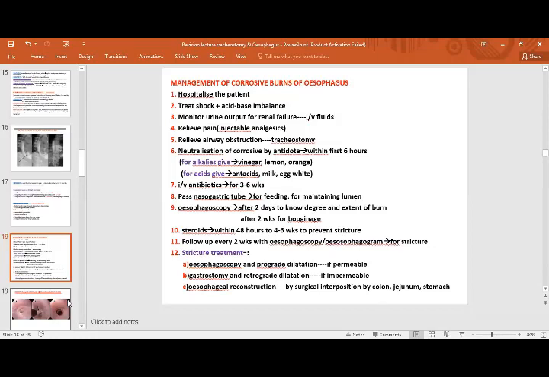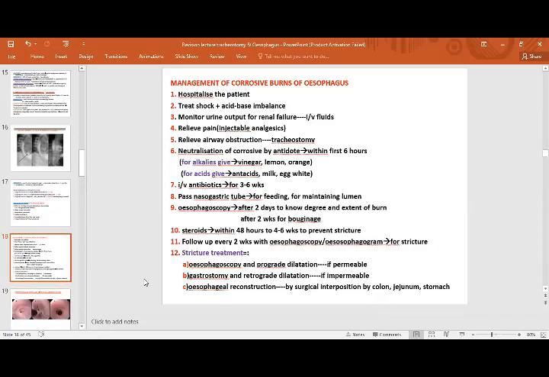Relieve pain with injectable analgesics, and relieve airway obstruction; tracheostomy should be done. If the patient comes within 6 hours, we can neutralize the corrosive with antidotes. A lot of antibiotics should be used for a longer period of 3 to 6 weeks.